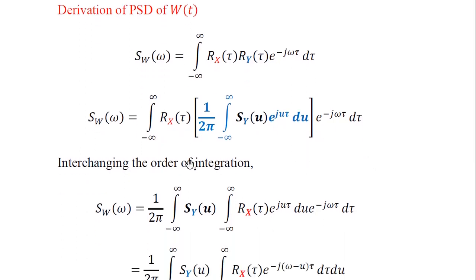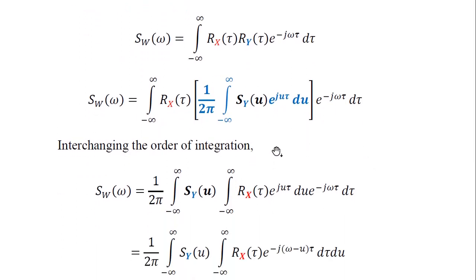Let us interchange the order of integration here, thereby shifting Sy of u to the first place and Rx of tau to the second place within the second integral, and the exponential terms are grouped together: e to the power of j u tau du, e to the power of minus j omega tau d tau.